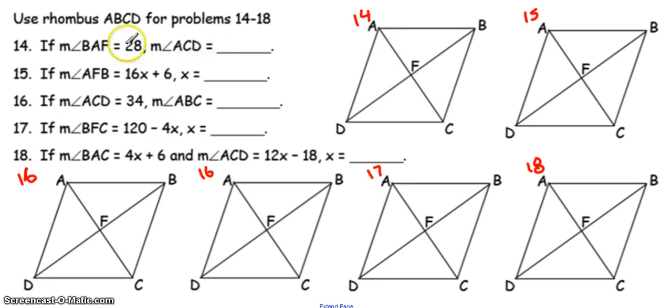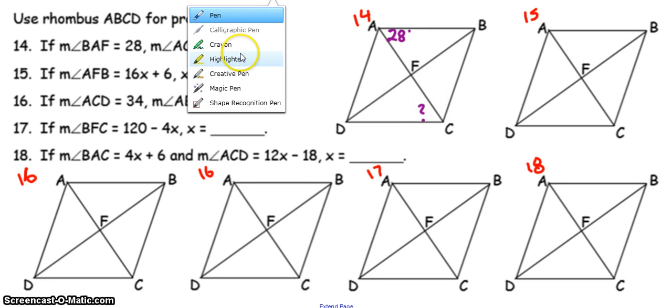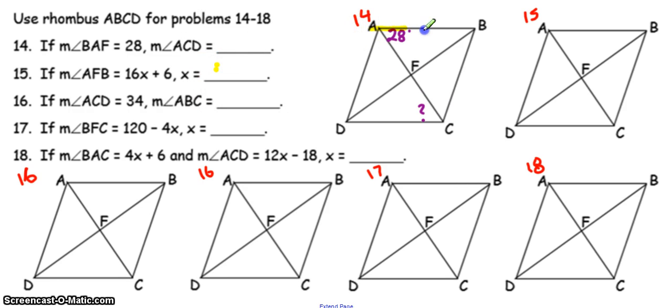Let's start with 14. If the measure of angle BAF is 28, so BAF is 28 degrees, what is the measure of angle ACD? That's this angle right here. Well, if you notice, get a highlighter out, you notice that AB is parallel to DC, and that line AC forms a kind of transversal here.